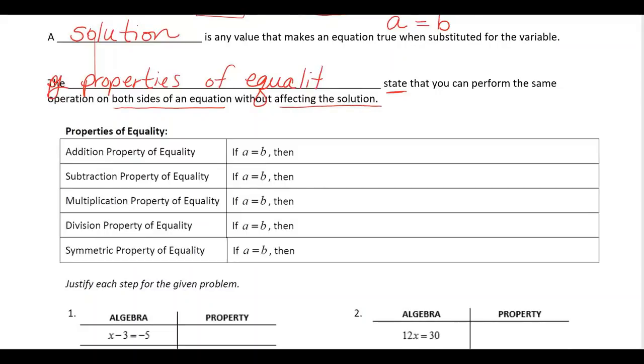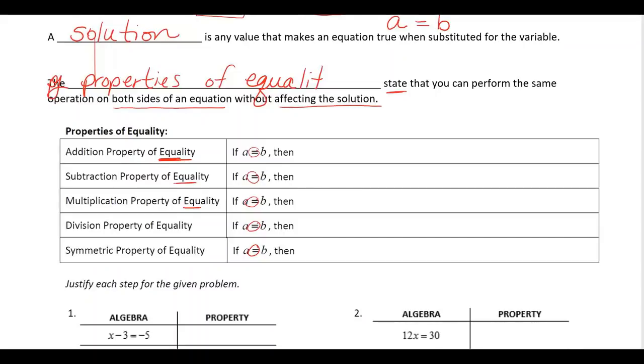Now, the properties of equality, it's basically common sense, but I need you to understand they are dealing with equality. The word equal is in all of that. So as you look at this statement, you have an equal sign in all of them. So the properties of equality is telling you if you do it to one side, you can do it to the other side.